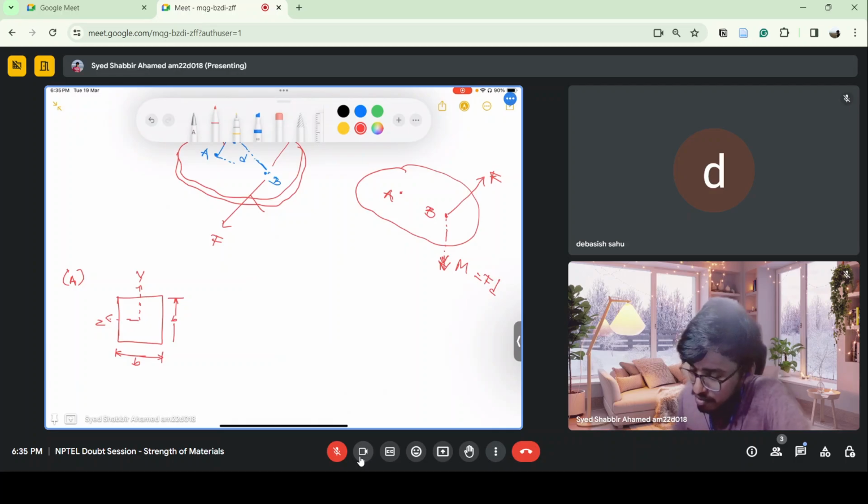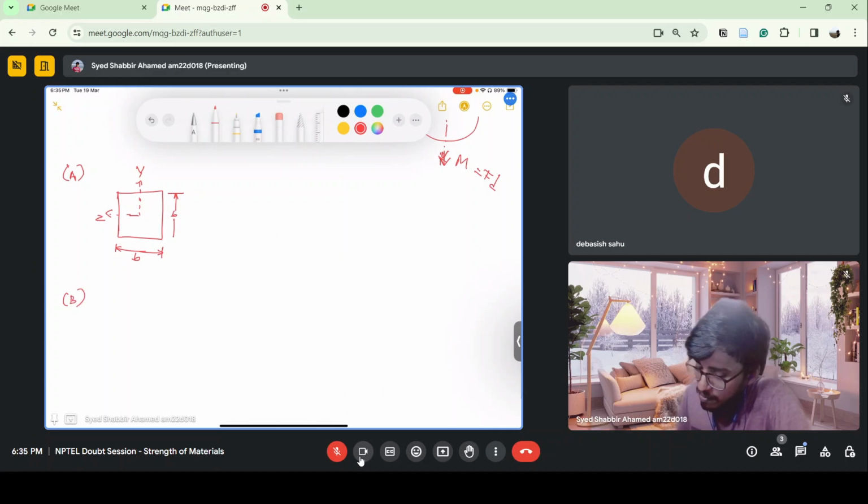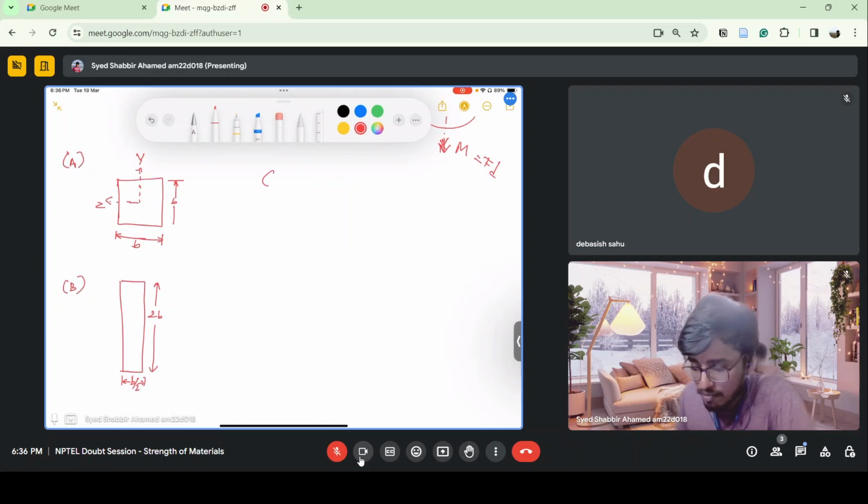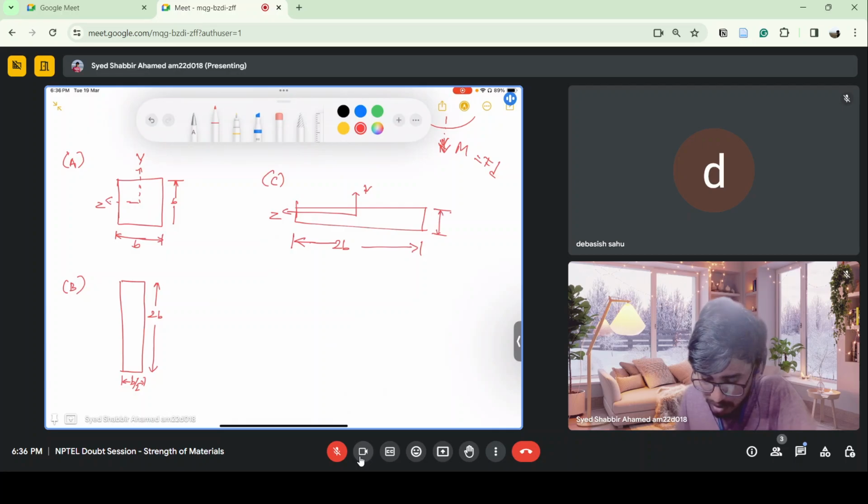And we have a rectangular cross section having dimensions like this, or a rectangular cross section like this, on this axis.